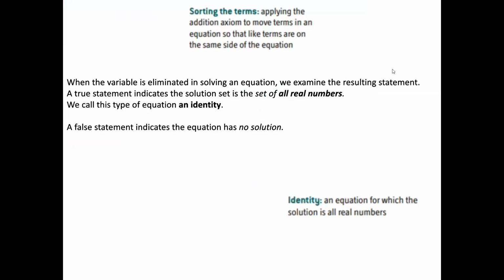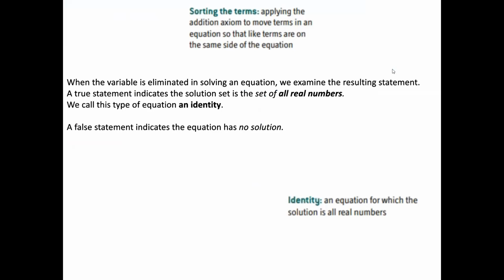So sorting the terms, applying the addition axiom to move terms in the equation so that like terms are on the same side of the equation. Well, that's what we did, right? So when the variable is eliminated in solving an equation, we examine the resulting statement.